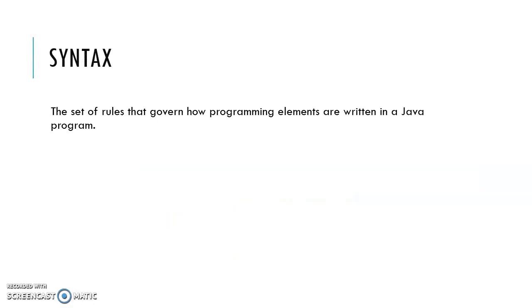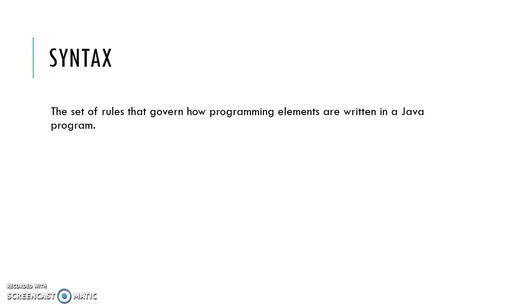Syntax. Here's a word that we throw around a lot, but we don't necessarily specify what it means. Syntax is the set of rules that govern how programming elements within a programming language are written.